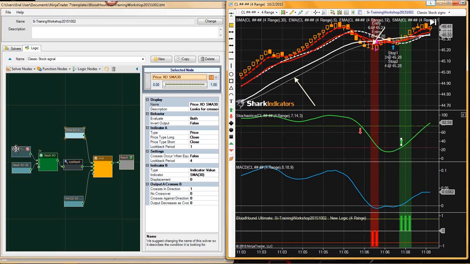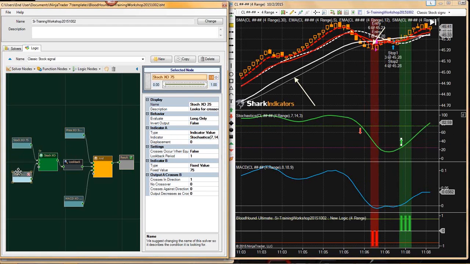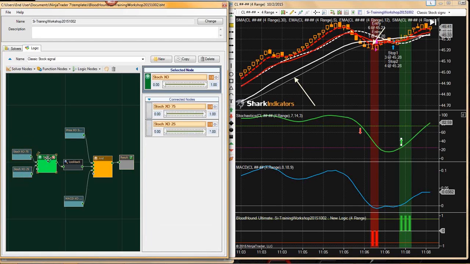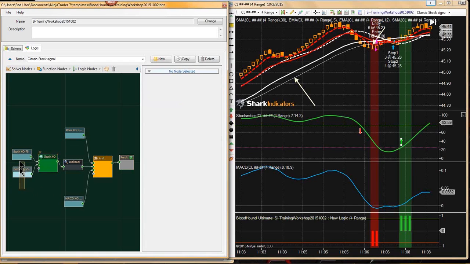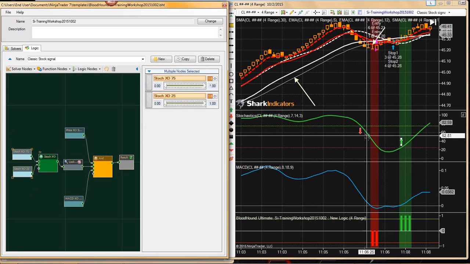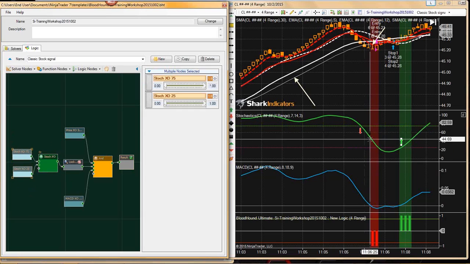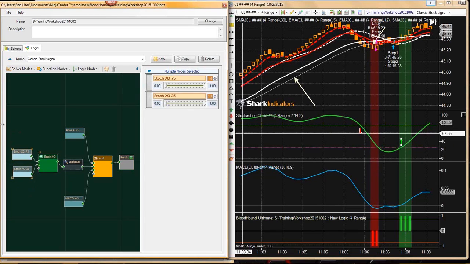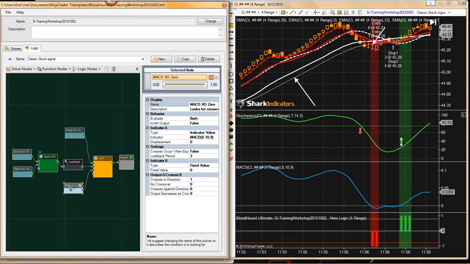So it took two crossover solver nodes, and then we joined them together with an OR node to turn it into one condition. This was one indicator, but it took two solver nodes to build that condition. So you really don't know how many nodes you'll need until you go through and build the system.